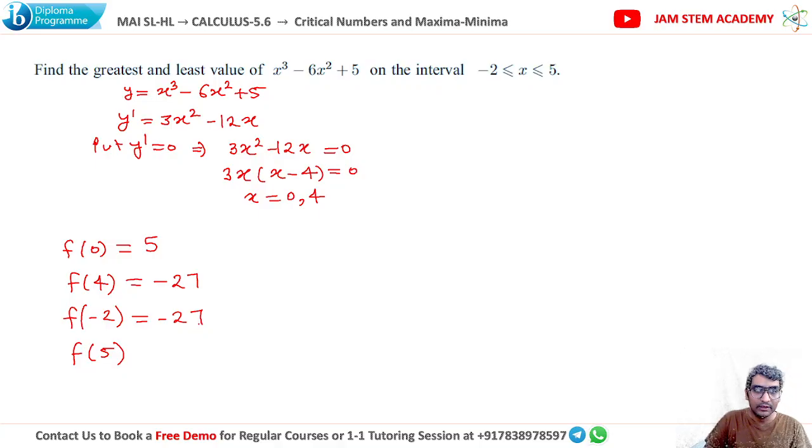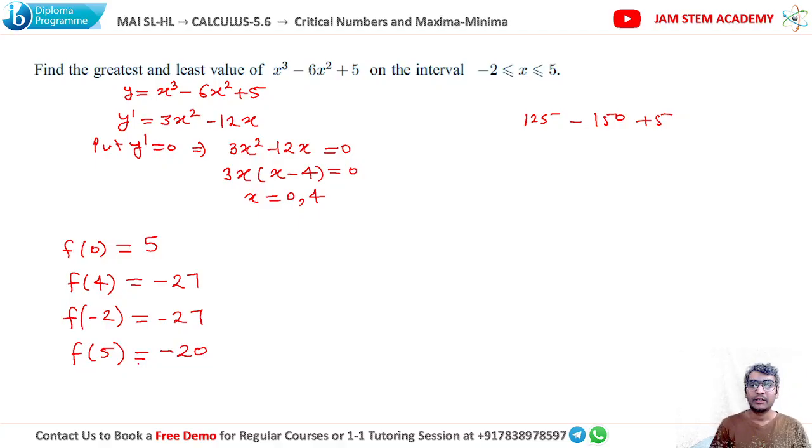So for that, simply put x equals to 5 in the expression. So I will get 125 minus 150 plus 5. Okay, that comes out as -20 here.